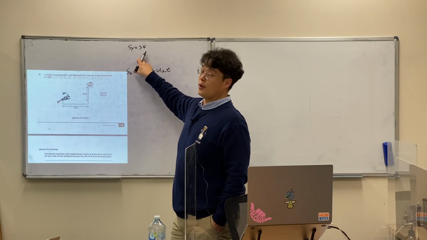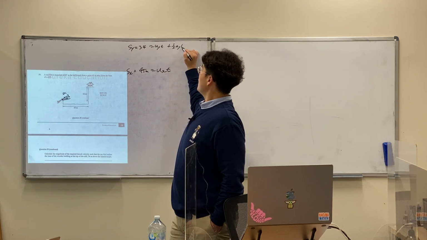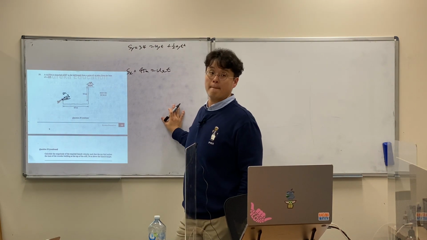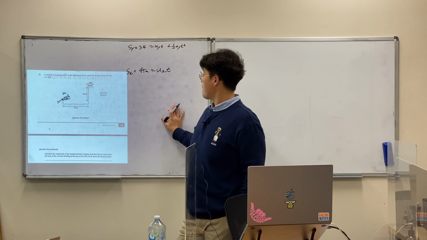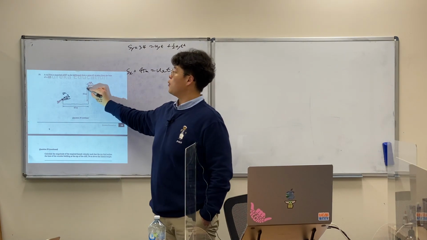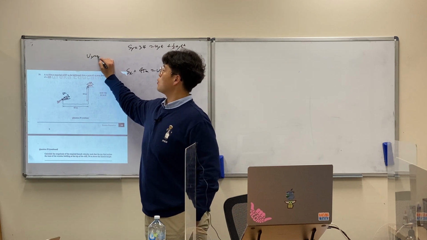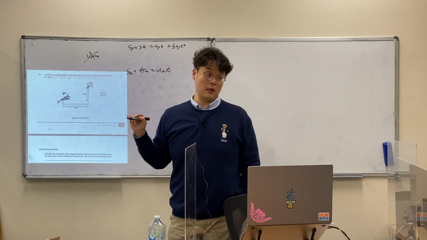Sy, 34, is also given as uy t plus half ay t squared. Okay, we can't assume that this is the maximum point, maximum height. We can't make an assumption that the vy is 0. You can't do this here.